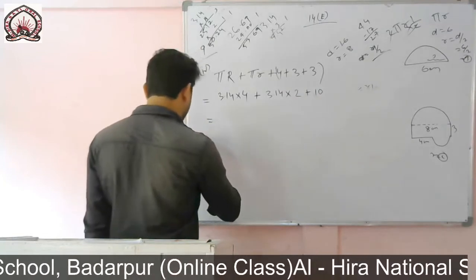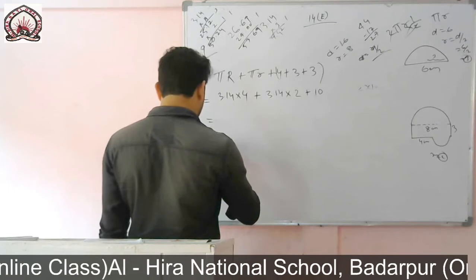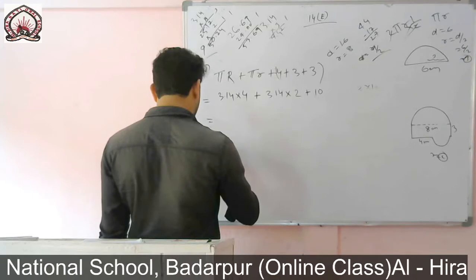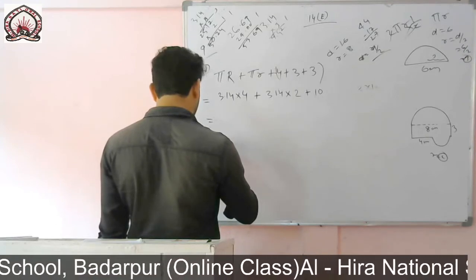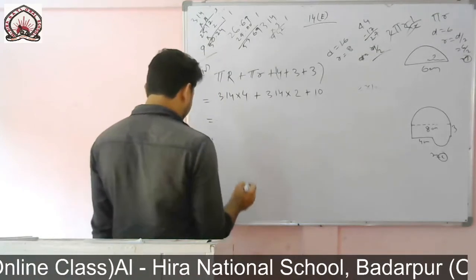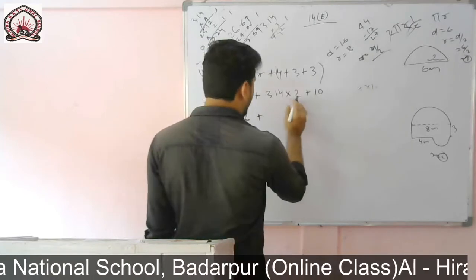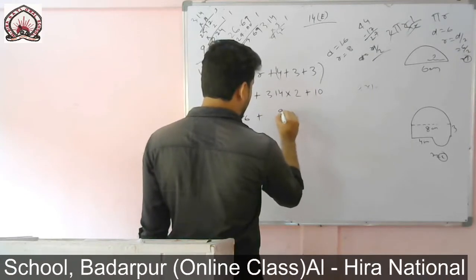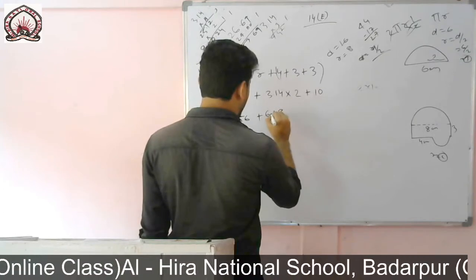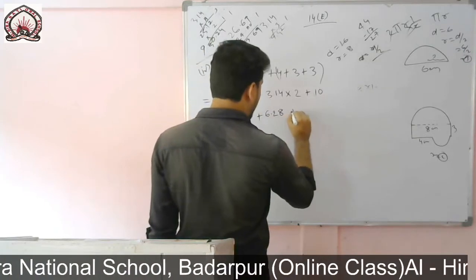So multiply: 12.56 plus 4 times 2 is 8, 2 times 1 is 2, 3 times 2 is 6, point is there, plus 10.